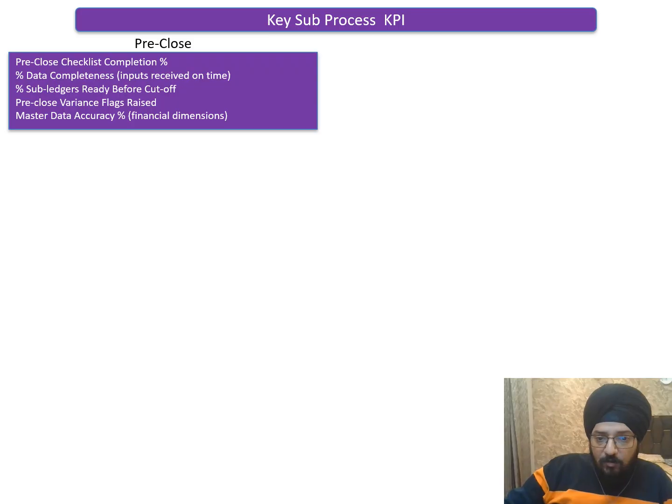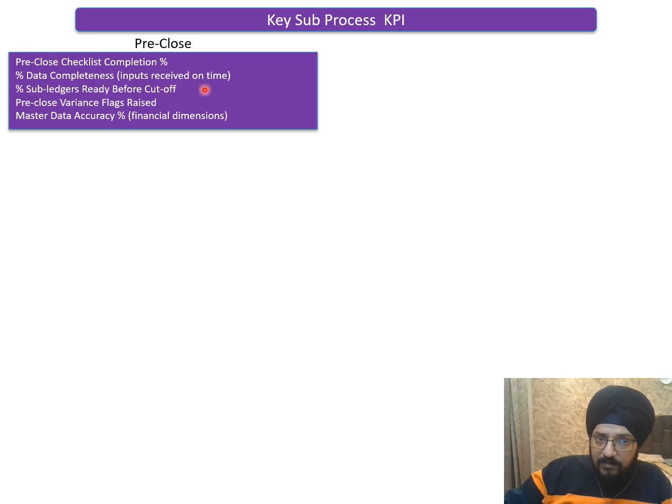Okay, so in pre-close, what we need to look at is pre-close checklist completion. As I mentioned, when we create the close calendar, we have a certain set of activities that we need to do. Likewise, we need to have certain pre-close checklists that we ensure are adhered to, so that our pre-close activities are effective and we can have a successful close.